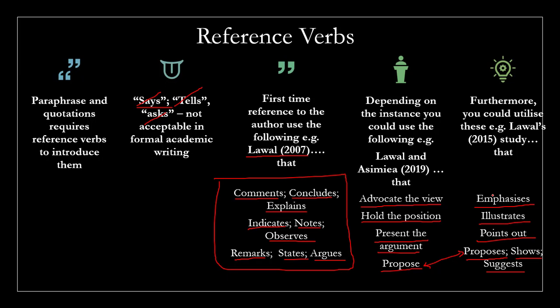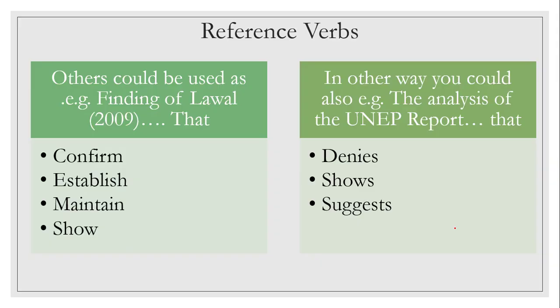I cannot give you an exhaustive list of what you could use. As you get familiar with your own way of writing, you get better at using these reference verbs. But here is just to provide you with some examples to help you quickly master the skills of paraphrasing.